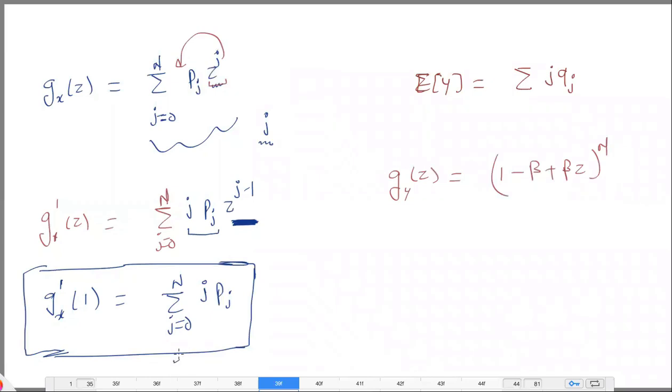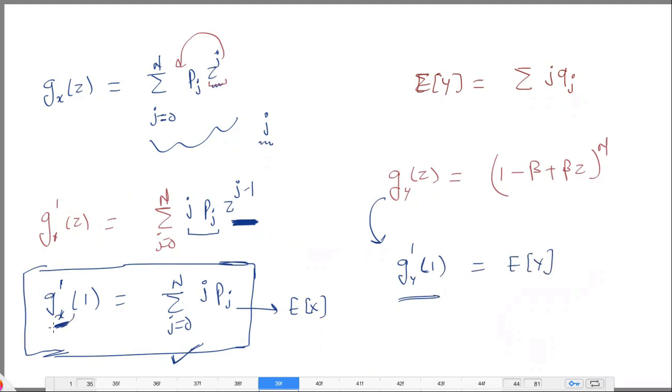So what do you observe from this? You observe that if you differentiate this g and then plug in z equal to 1, you get the expectation of X. If it is X here, you want the expectation of Y. What can you do with this? Won't it be the expectation of Y?